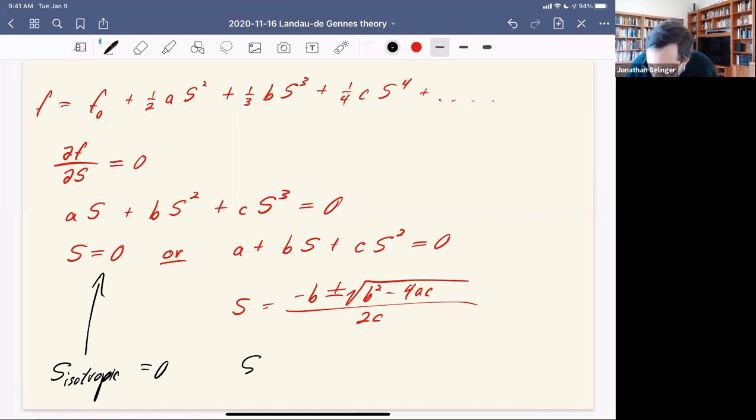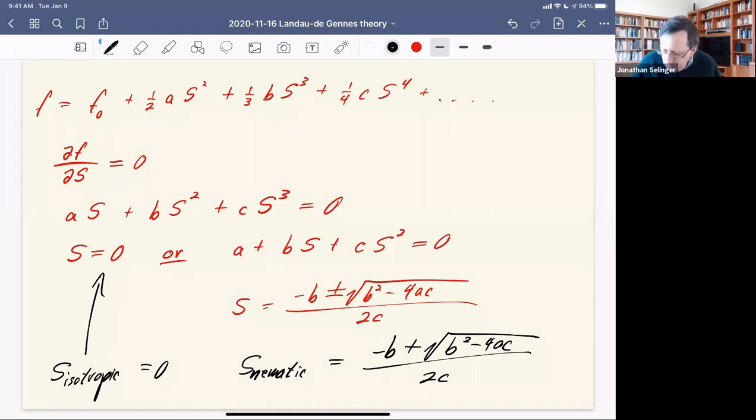And the nematic solution is minus b plus square root b squared minus 4ac over 2c. Now we could put each of those things back into the free energy to see what's the free energy of the isotropic solution and what's the free energy of the nematic solution.